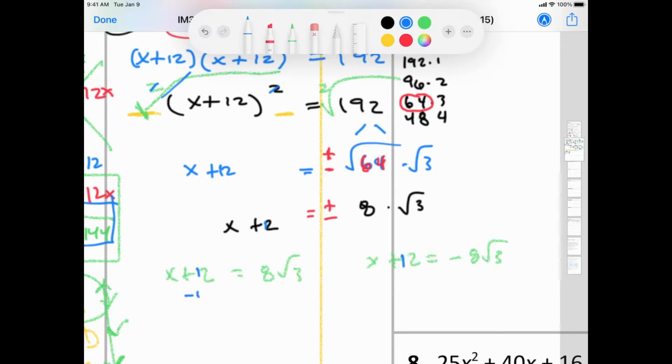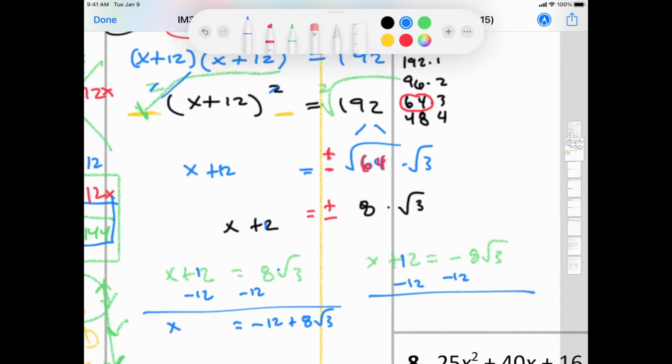Okay, so if I subtract 12, this is multiplication, so it actually goes right in front. x equals negative 12 plus 8 radical 3. Subtract 12, subtract 12. Again, it's not negative 20 right there. That's what I'm trying to point out.